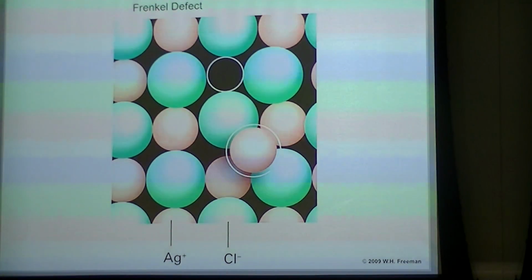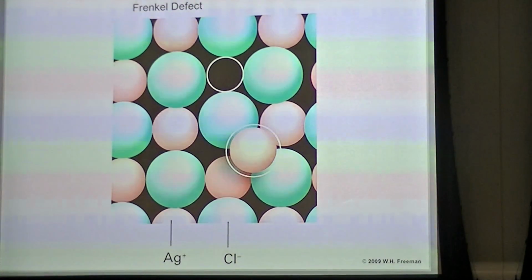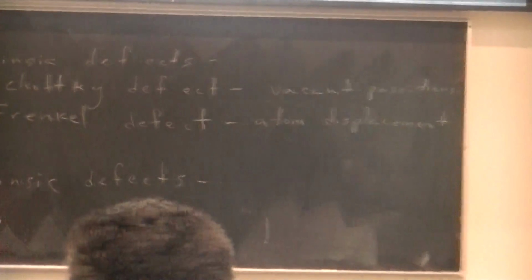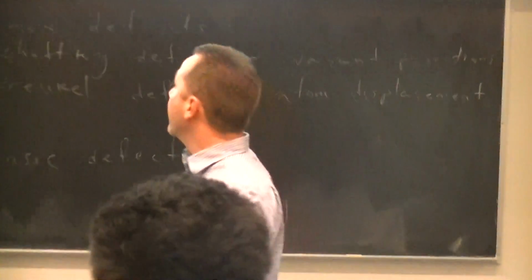It's probably occupying an octahedral hole, and then it gets displaced to some place different than the one it was occupying. When that happens, atom displacement, that is a Frenkel defect. Notice that in this case, I am not losing atoms, I'm just repositioning atoms. They can get to a different place in the structure.